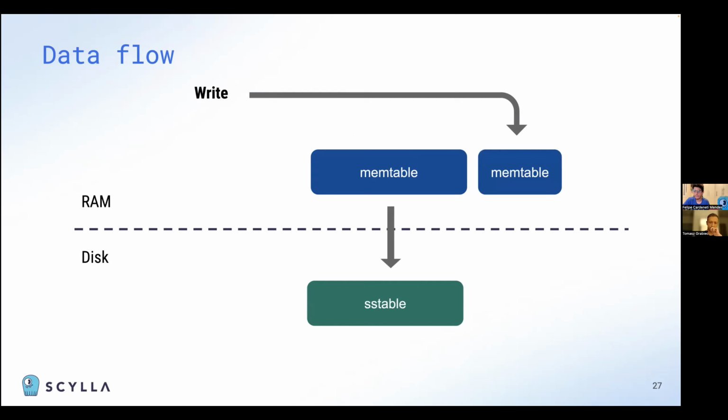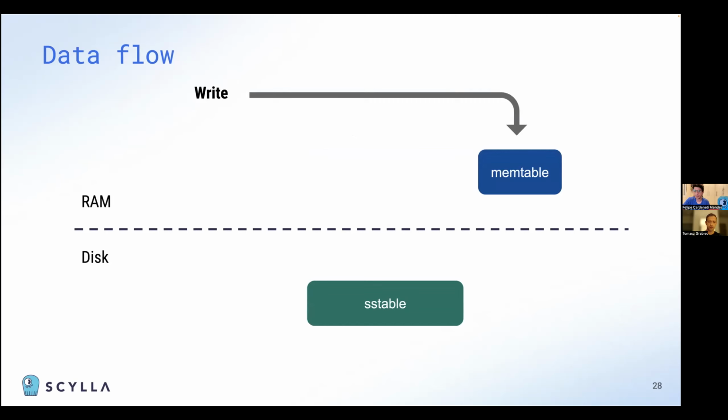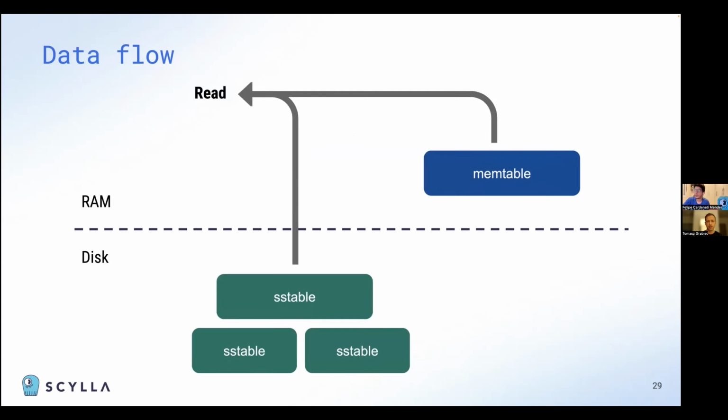And later writes go to a new memtable. And after this flushing is done, the memtable is removed from memory. SSTables are immutable files on disk, and they form a log-structured merge tree, which is then accessed on read.